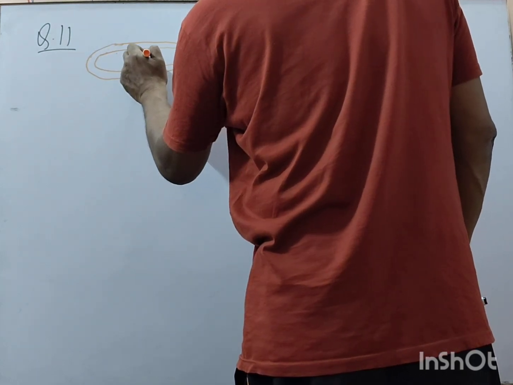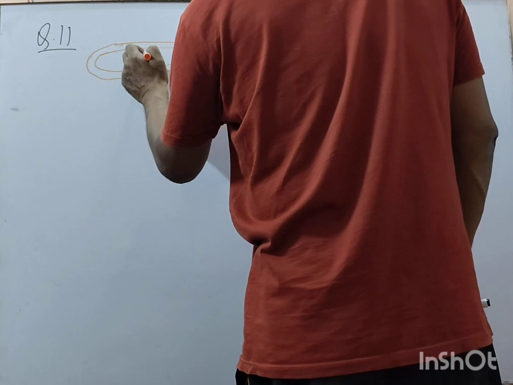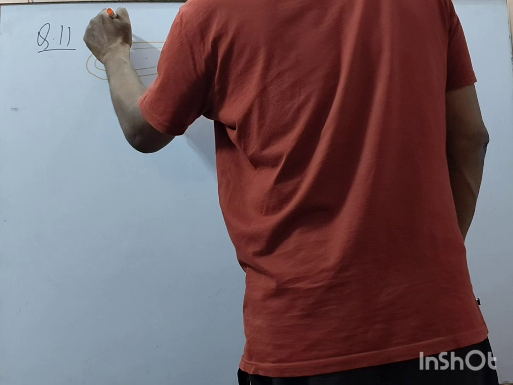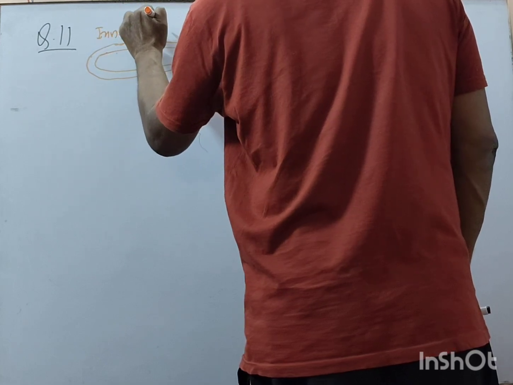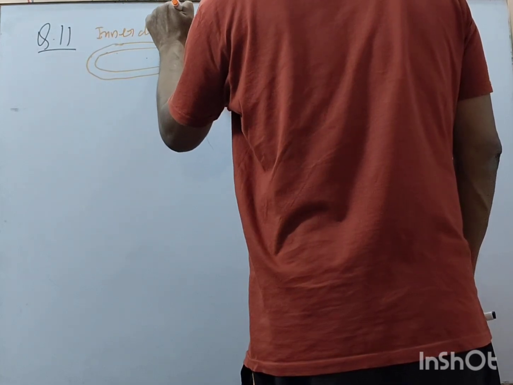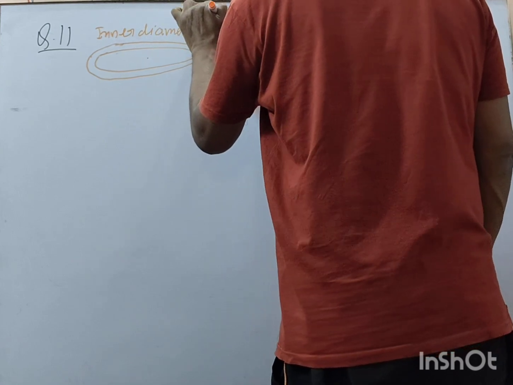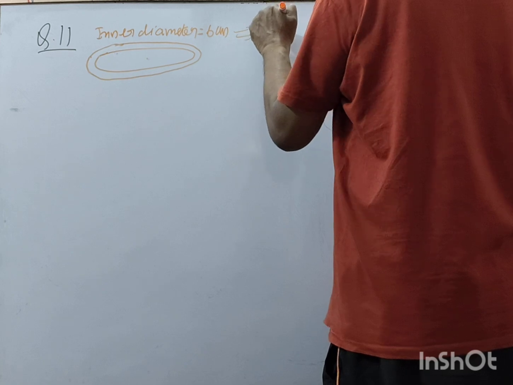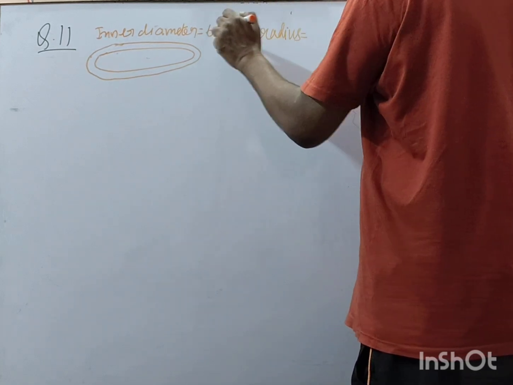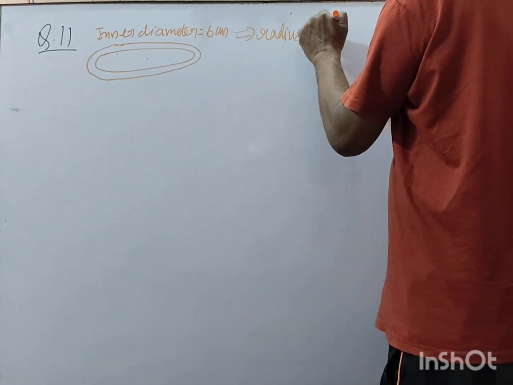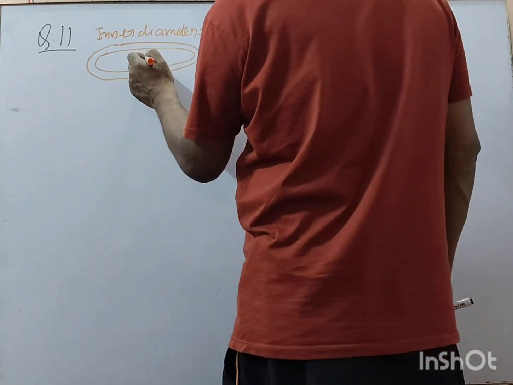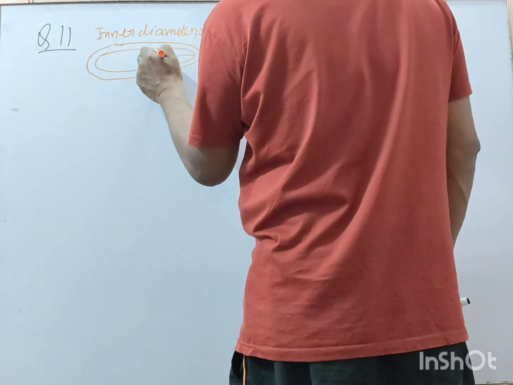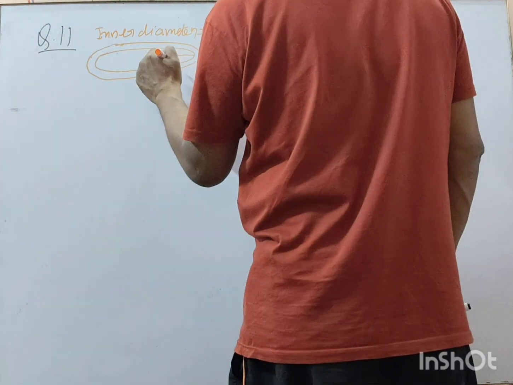Inner diameter is 6 centimeter, so radius is equal to 3 centimeter. So inner radius is 3 centimeter.